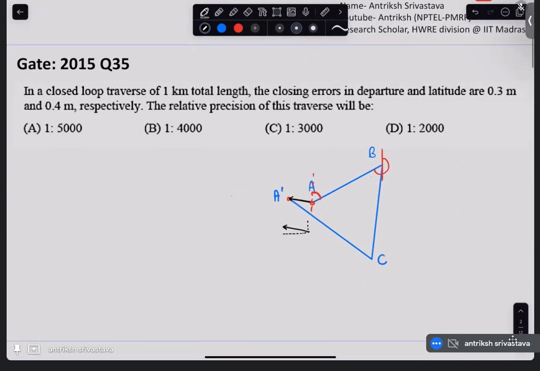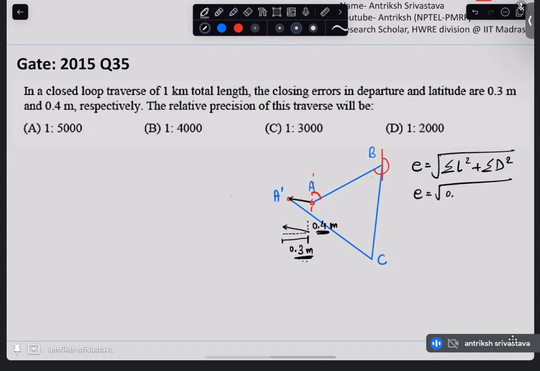So this is given to us as 0.3, and this is given to us as 0.4 meters, right? So this error, which is actually the summation of latitudes plus summation of departures, is given to us as 0.3 square plus 0.4 square, and if you solve it, it is going to turn out to be 0.5 meters.